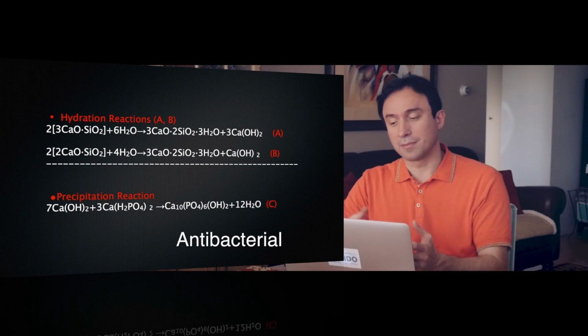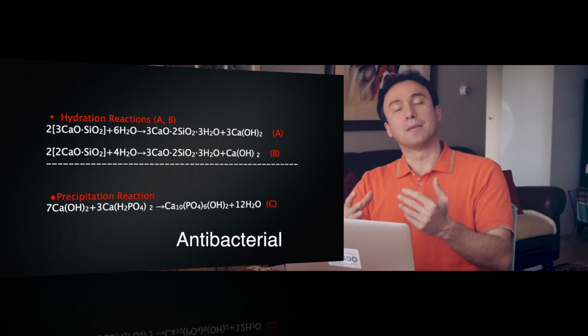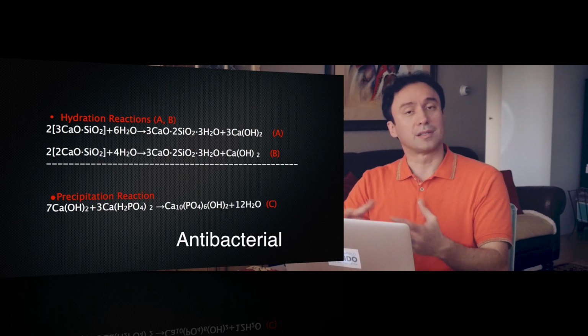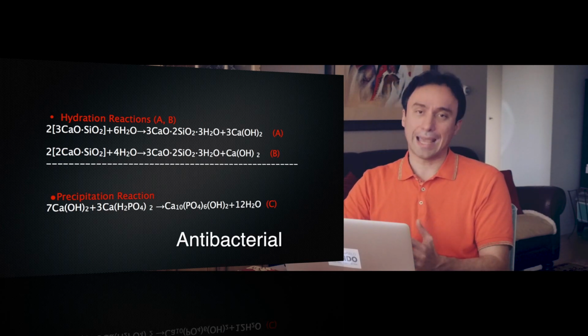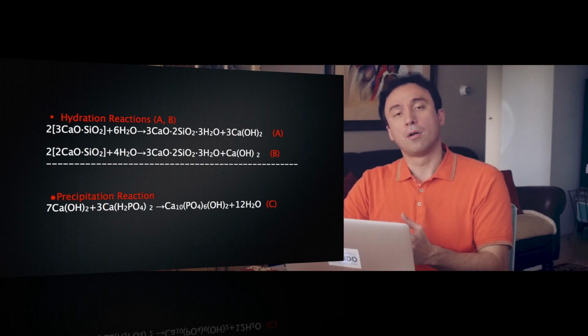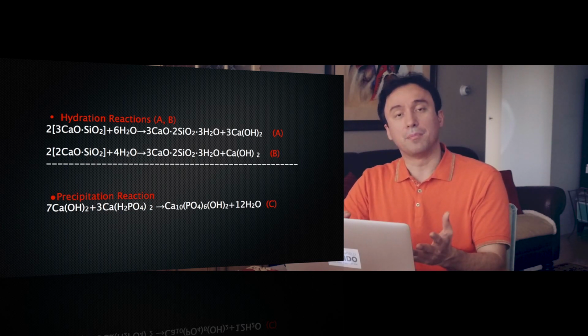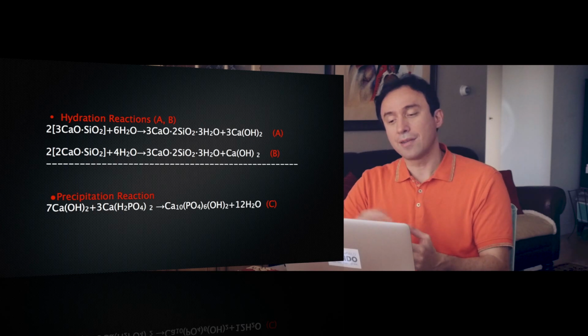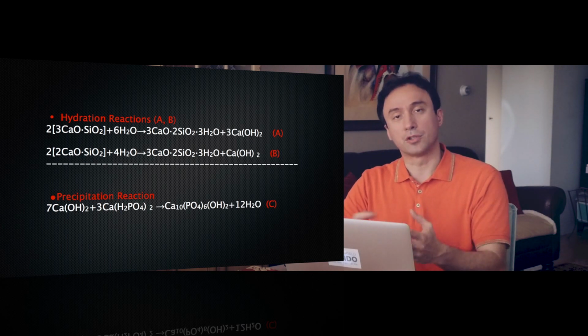And it is true because the material is basic, and the pH of the bioceramic sealer during the setting time is 12.8. We know that all the oral pathogens are basically dead at a pH of 11 and above, so having this pH of 12.8 is really advantageous. And we'll talk about the research that already proves this later on in future tutorials.